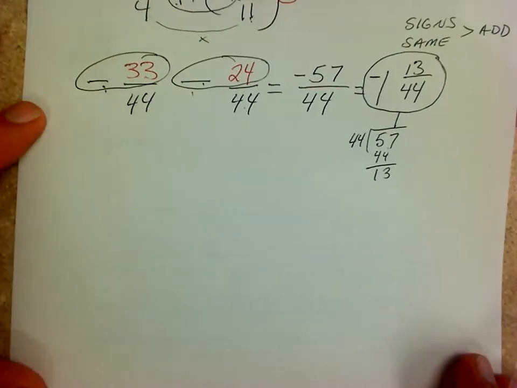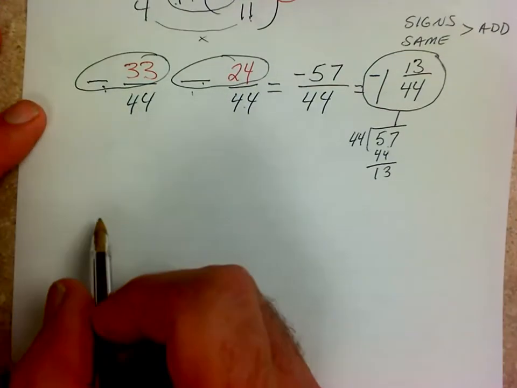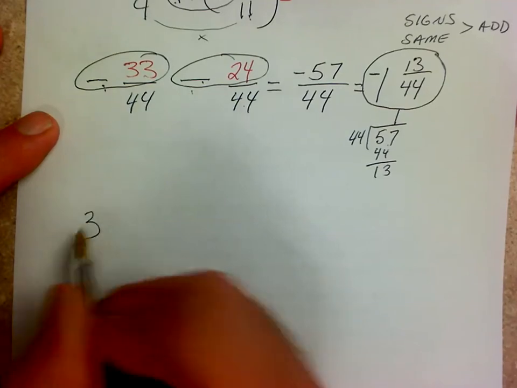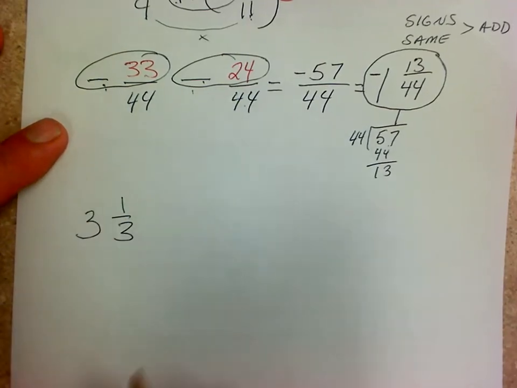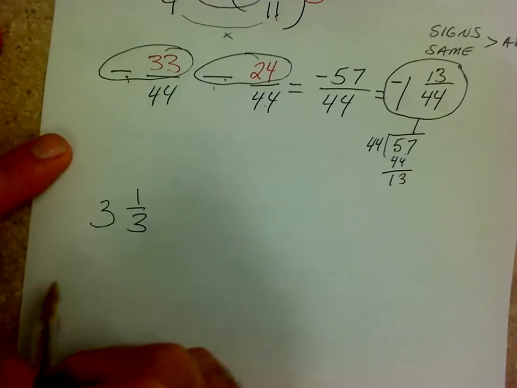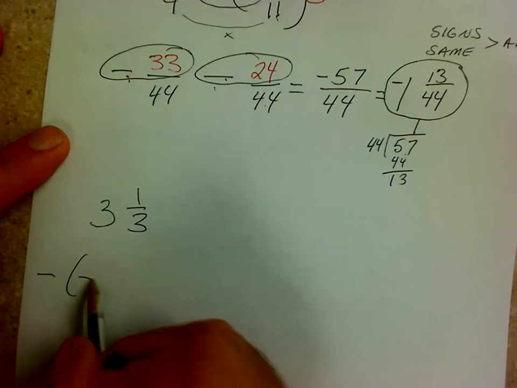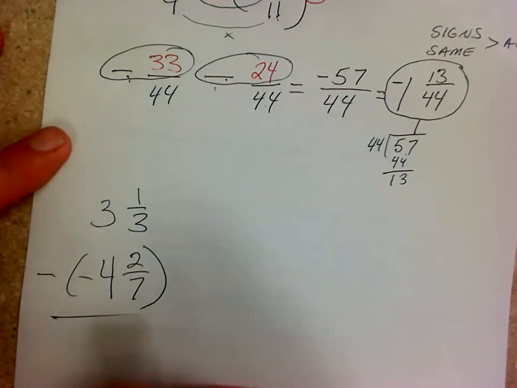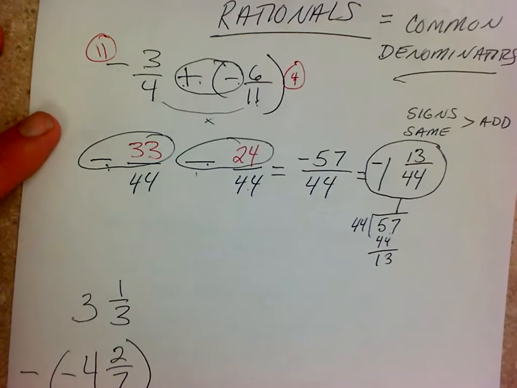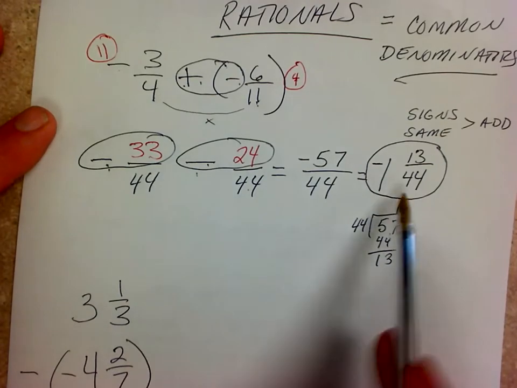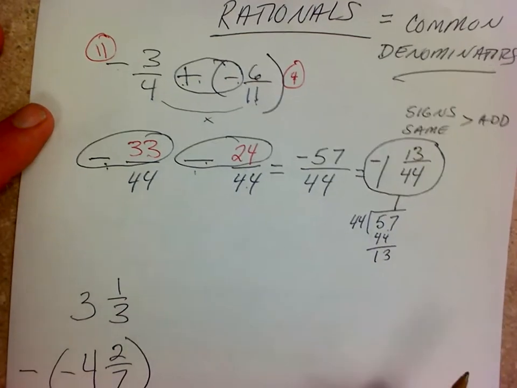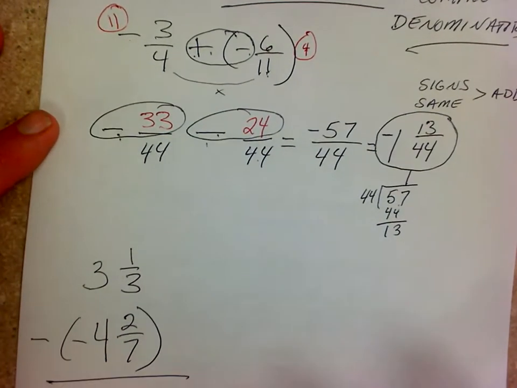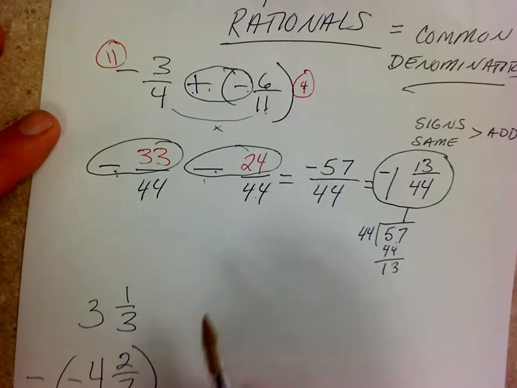Also, those were just two fractions. The other approach is that we may have mixed numbers as well. So we can do 3 1/3 minus negative 4 2/7. Now again, whether we choose to do our work horizontally or vertically really doesn't matter, just as long as we're keeping track of things.